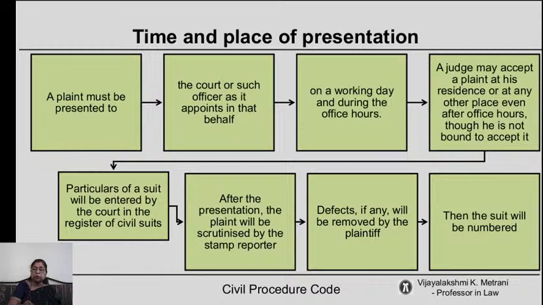If he is not allowed to file it, he may lose his right because the limitation is over. Or if it is a Sunday, of course the next day will be the working day when he can file.